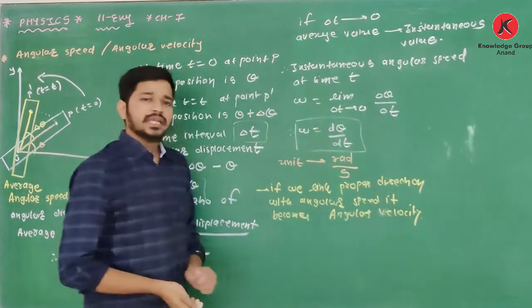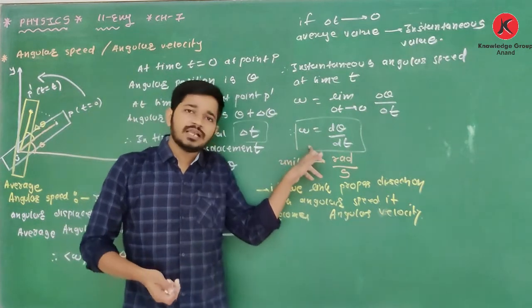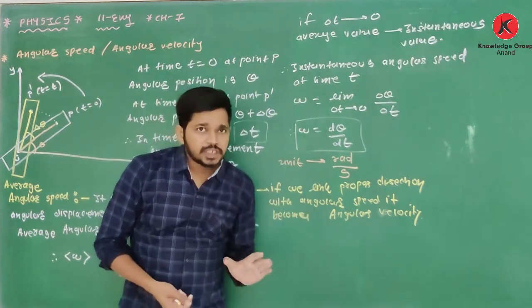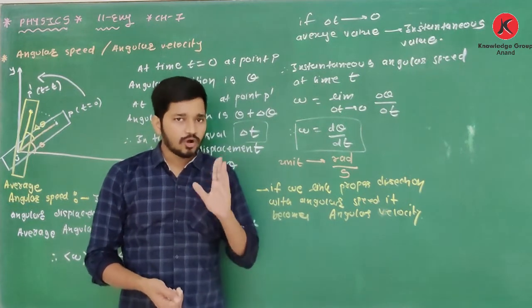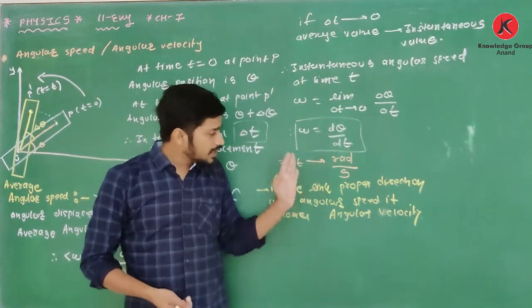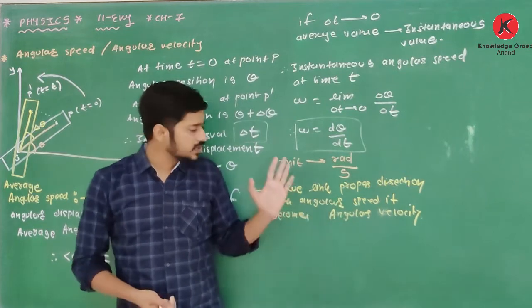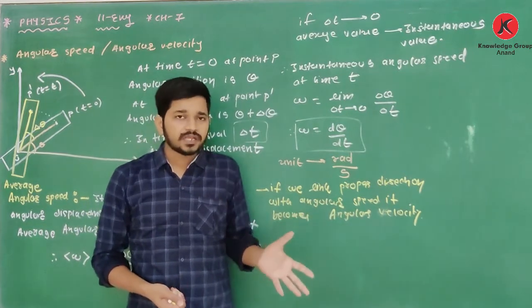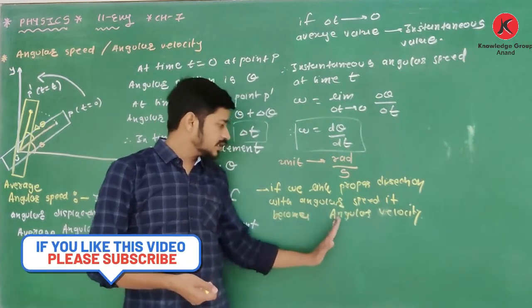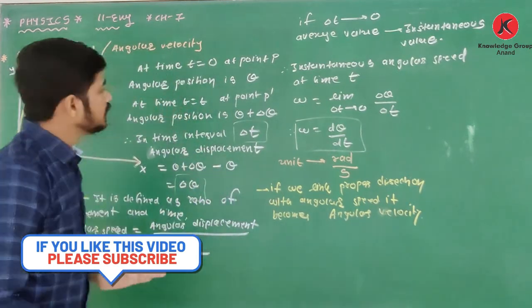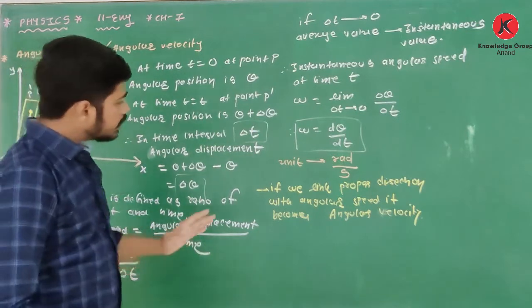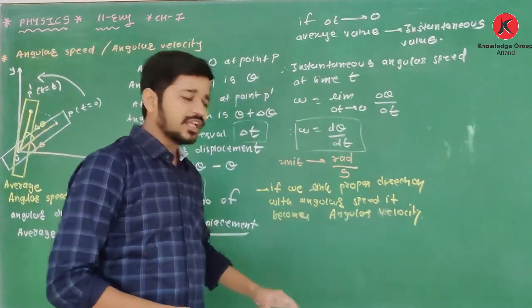Magnitude you have to find with the help of this equation. But if you link proper direction with angular speed, it will give angular velocity. So how to find its magnitude?